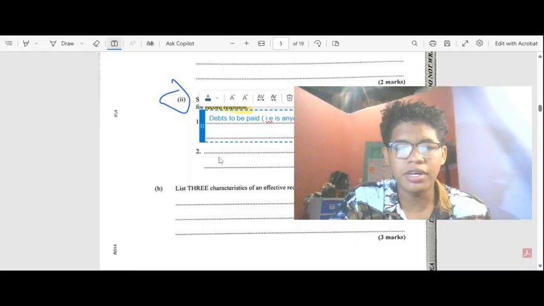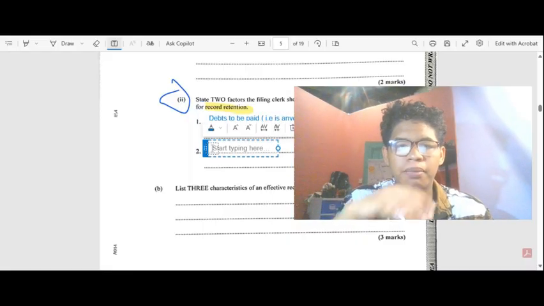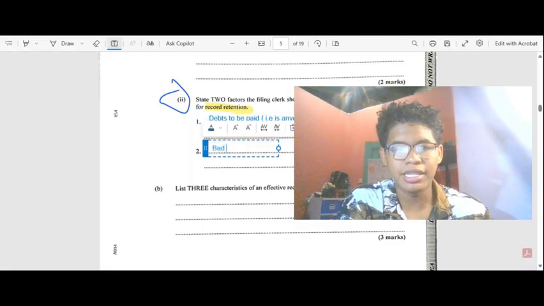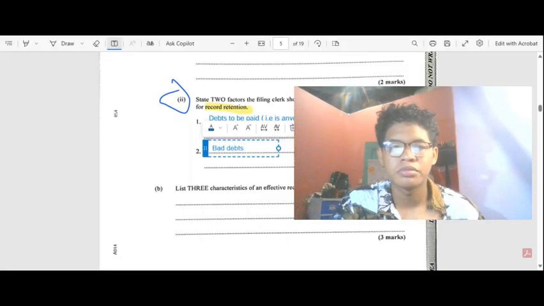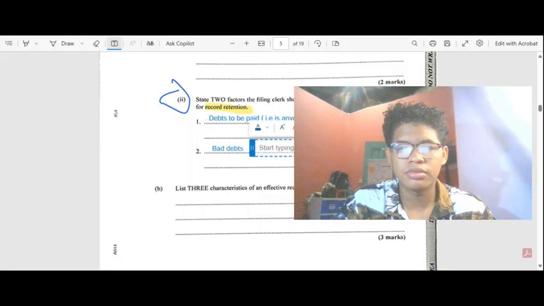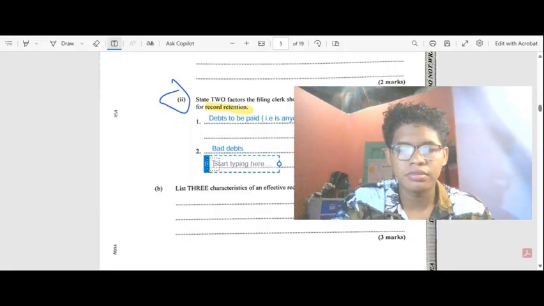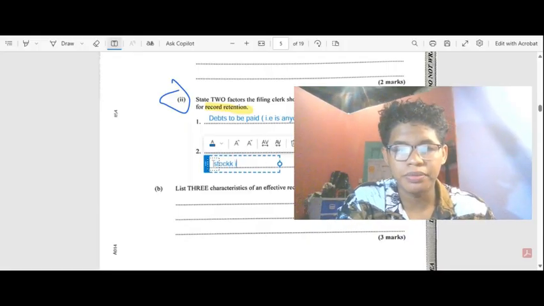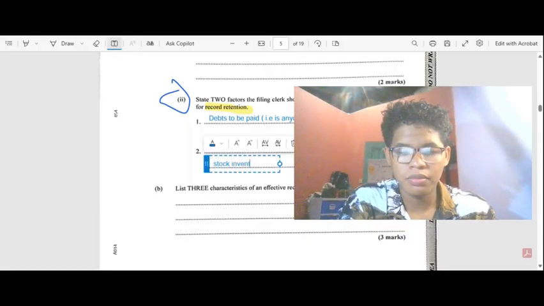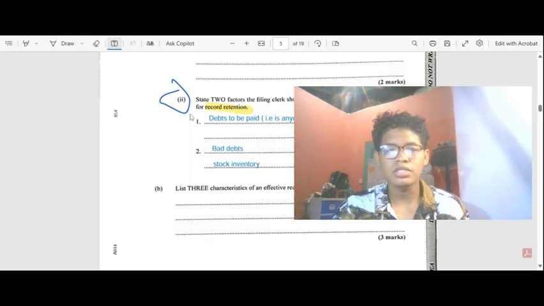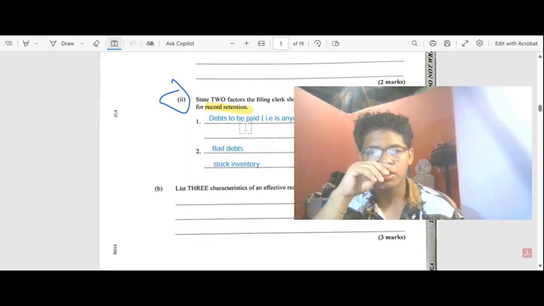So that's one of the factors that they should consider. Another thing that they should consider is bad debts and stock inventory. So these are three of the things that you should consider.